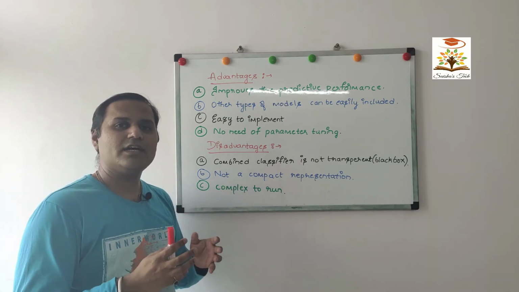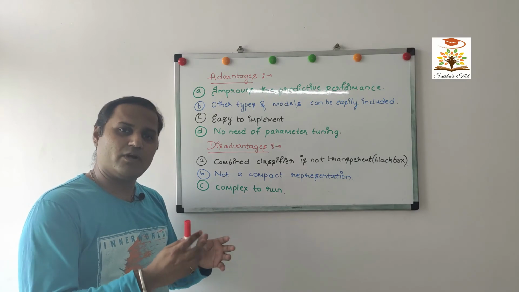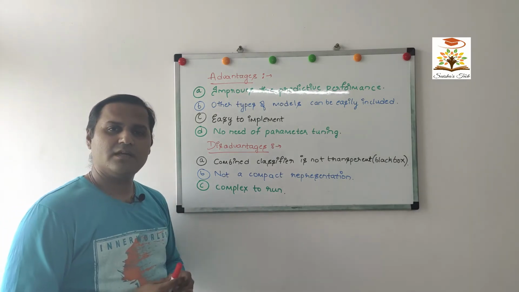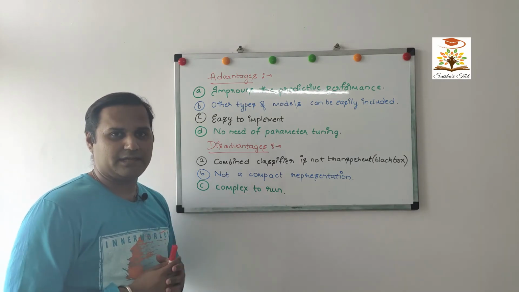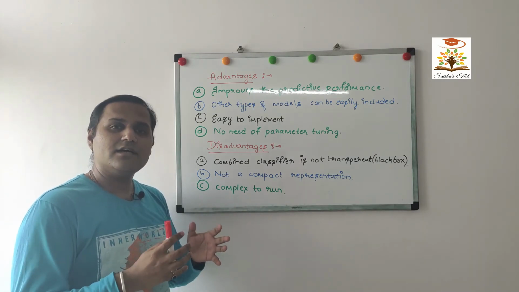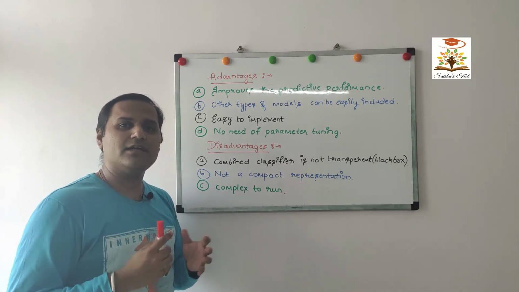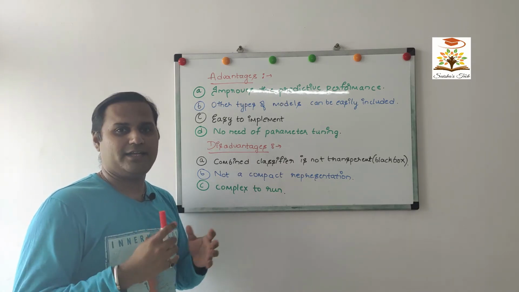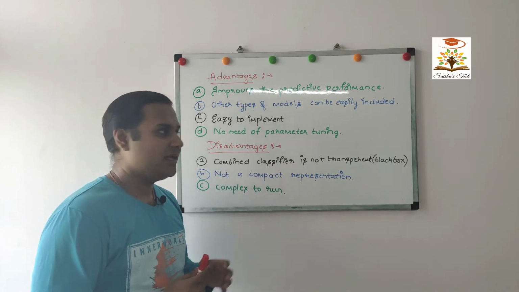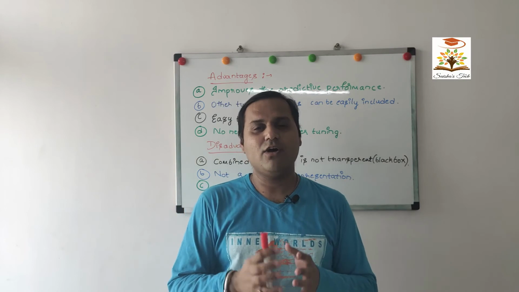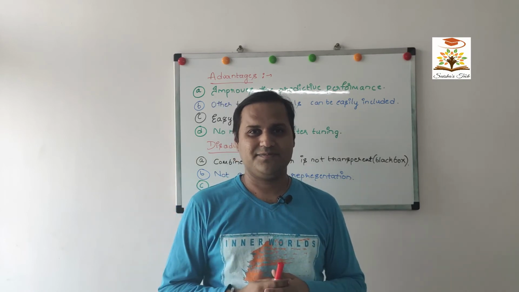Hence, we cannot represent this model. Complex to run. The execution time and the computational power requirement for ensemble learner is very high. These were some of the advantages and disadvantages of ensemble learners.